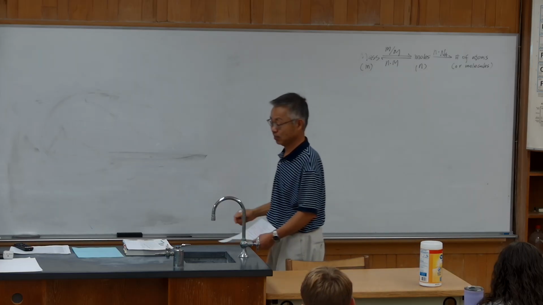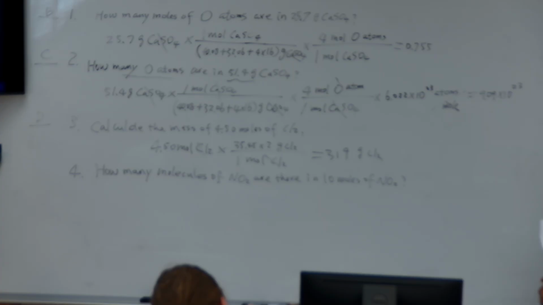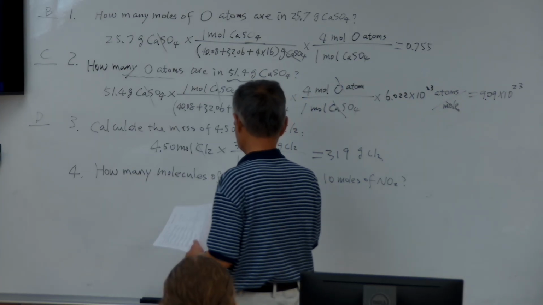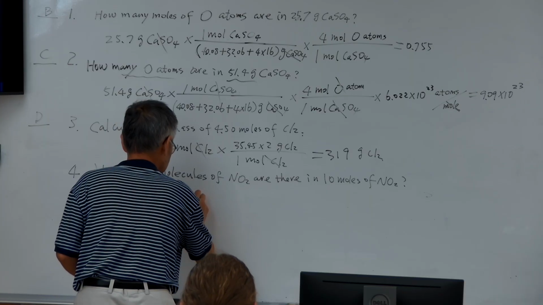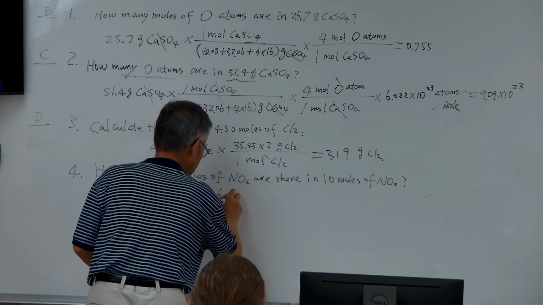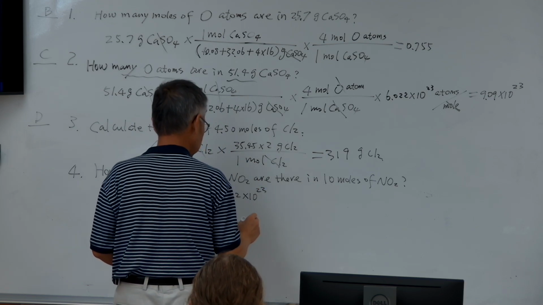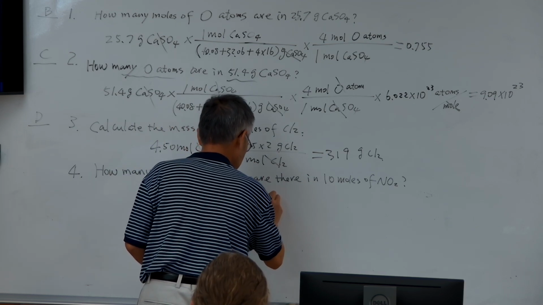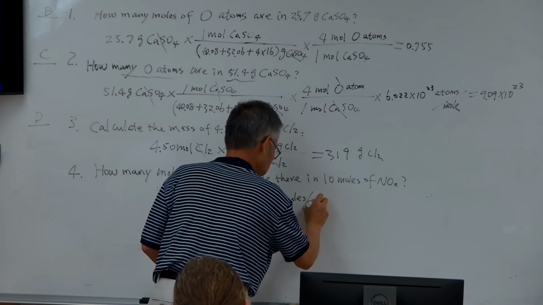This is a very straightforward question. 10 times Avogadro number, 6.022 times 10 to the 23rd power molecules per mole.